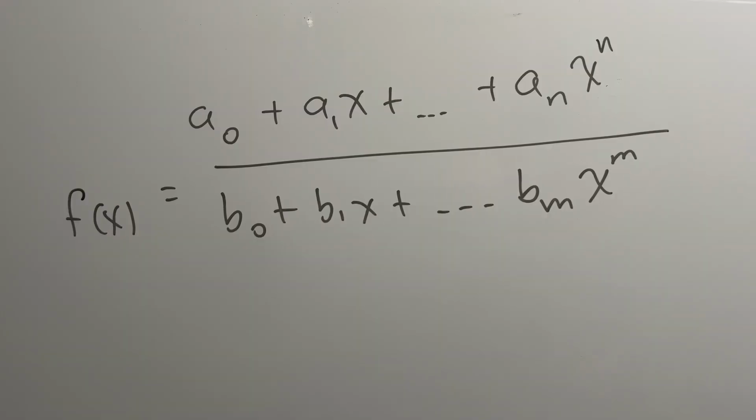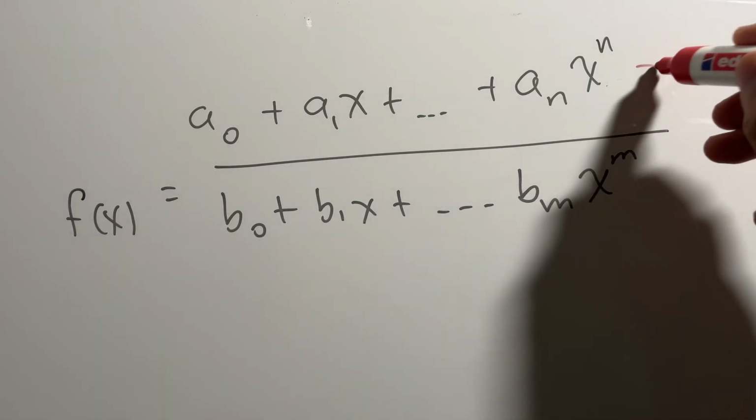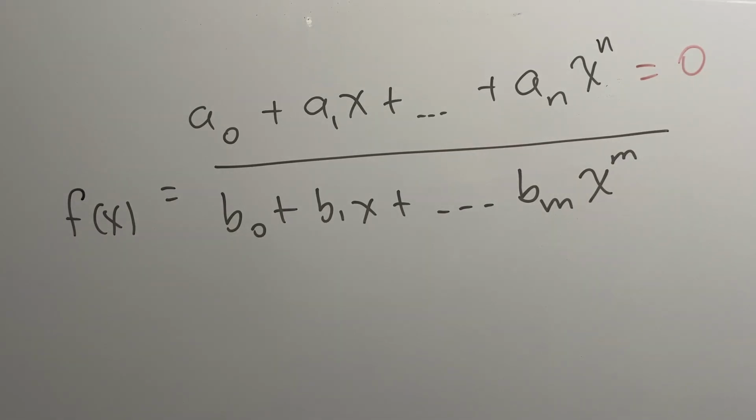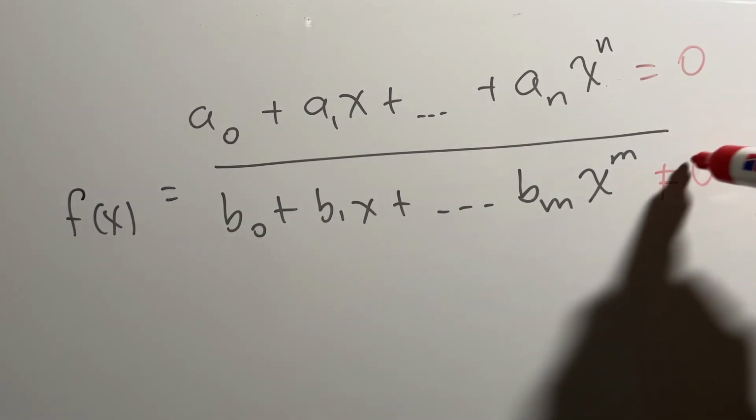And a horizontal asymptote is a line that the rational function will touch but will also never cross, and will always get arbitrarily close to either a vertical or a horizontal asymptote, but never touch. To calculate vertical asymptotes, we will need to make the numerator, so that's the upper part of the fraction, equal to 0, and make sure at the same time that the denominator is not equal to 0.